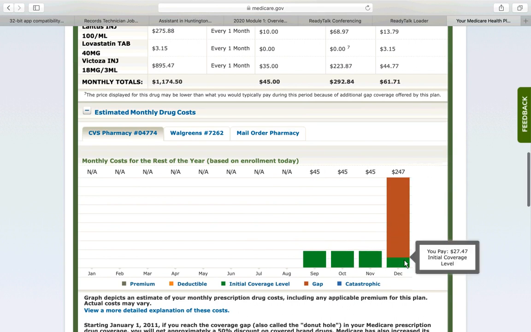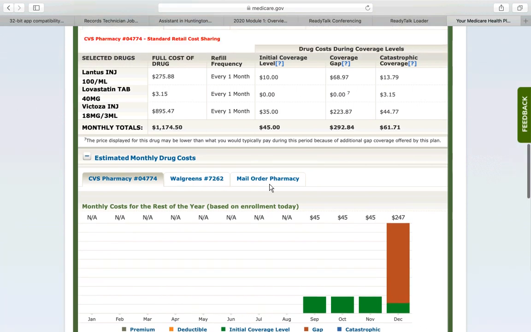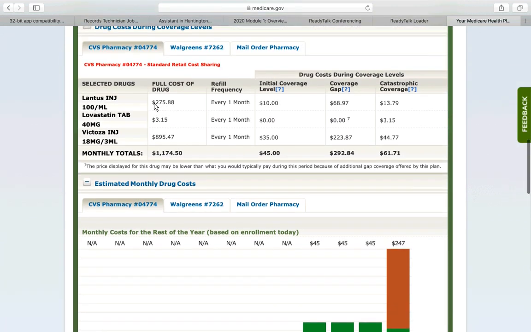Now, one way you can forecast how that can happen is if we take a look at the screen right here, it's going to show us the actual full cost of the drug. If we look at this Lantus, it's around $276 for a 30-day supply. Even though their copay is only $10, the entire $276 is going to come off their $3,820 initial coverage limit. The lovastatin is no big deal. It's only about $3.